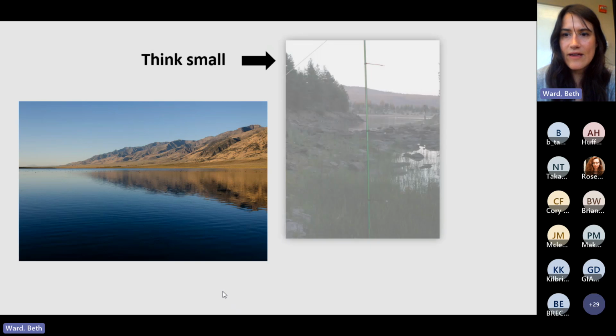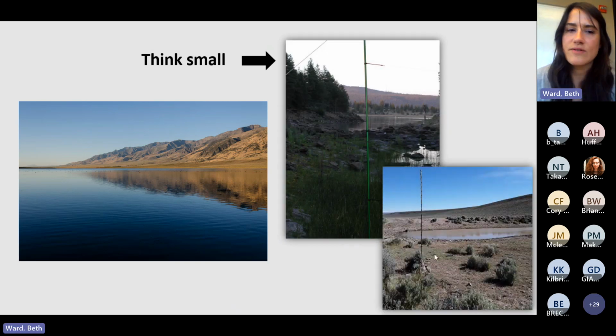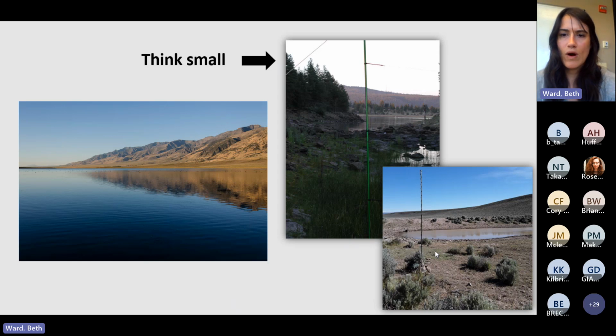And so if looking at a large water source like this one in this example photo, you want to poke around and try to find a smaller water source, like a stream that might be feeding into this type of large water source, because bats will be more dispersed over this large body of water.